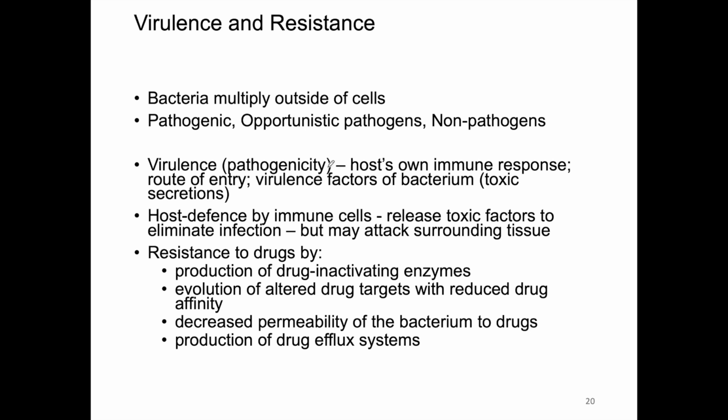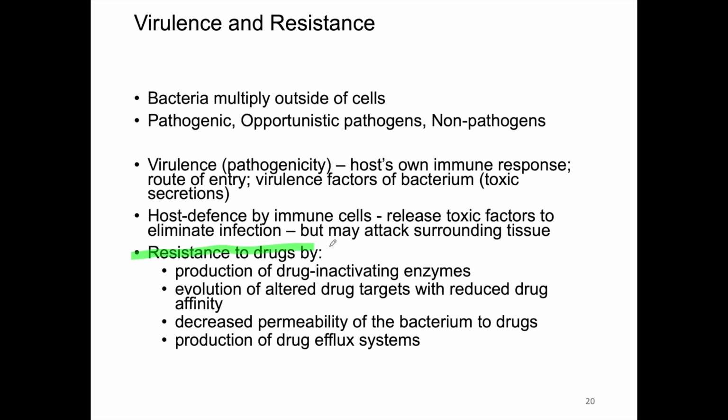Okay, so a pathogenic organism is one that is always going to cause an infection. An opportunistic pathogen is one that our immune system is usually able to deal with, but if we are immune compromised in a particular situation, then the organism can successfully infect a human. And then there are non-pathogens, bacteria that do not cause disease.